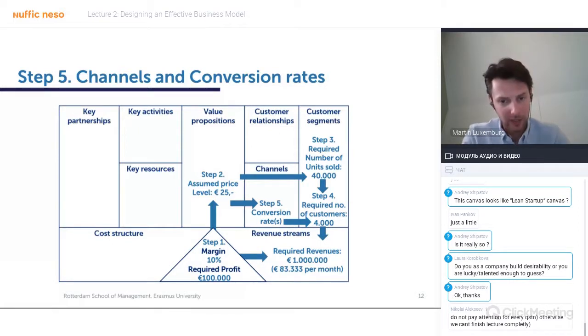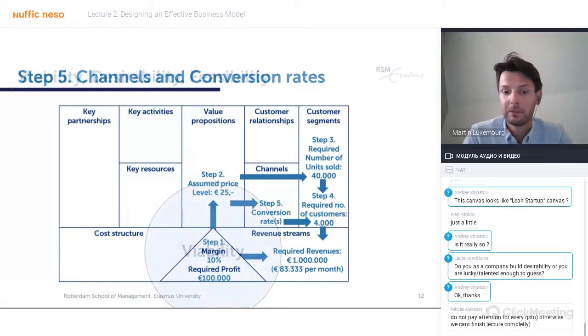Maybe the example is simple, but it is pretty complex, because in the end this is a simple business model that I'm describing here, but it's really helpful to understand what you need to do and change in your own business model to be able to take that growth step.